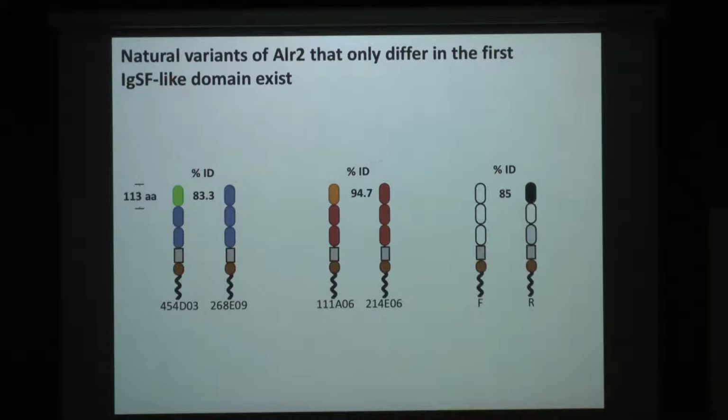And so we went back into that pool of alleles that have been sequenced. And we looked for cases where there were alleles where everything else was the same except for this N-terminal domain here. And we found 3 examples, 1, 2, 3. And then we tested them in vitro, and sure enough, each one of those only binds to itself and not to the other allele. So just varying in this first domain here is sufficient to prevent alleles from binding to each other.